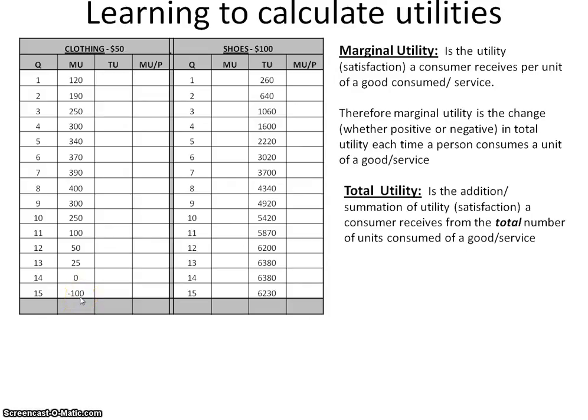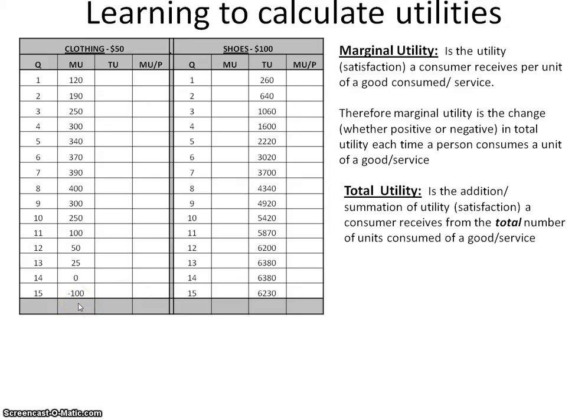So we realize that after you purchase the 15th unit of clothing, you actually got dissatisfied. I mean, you purchased it, but you're dissatisfied. So maybe we can call this our buyer's remorse. A negative value of 100 connotes that there is buyer's remorse being experienced by this particular individual.